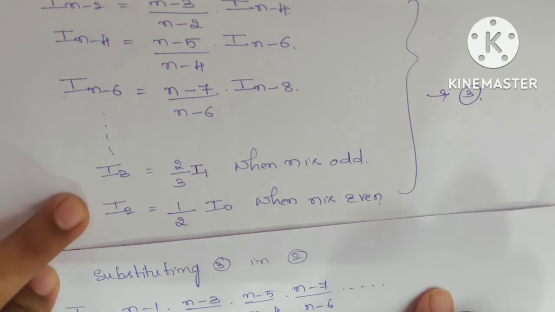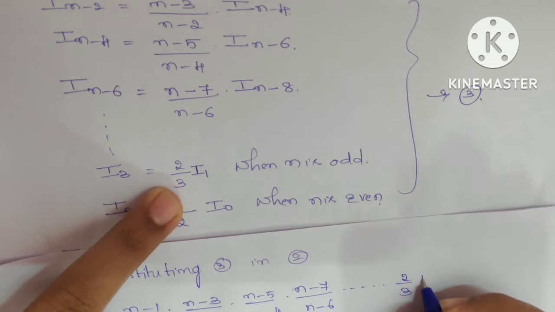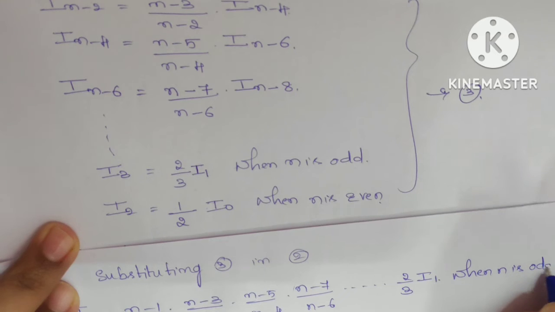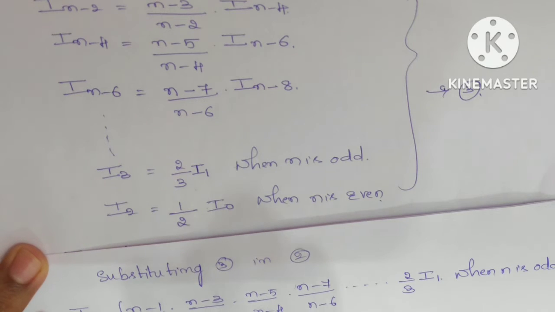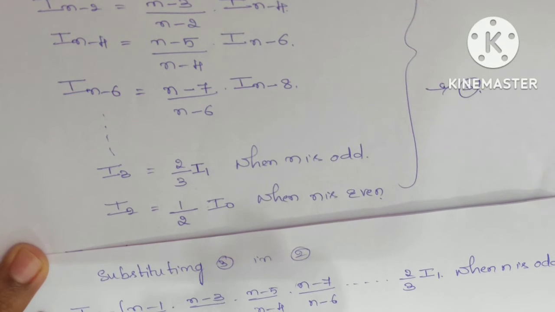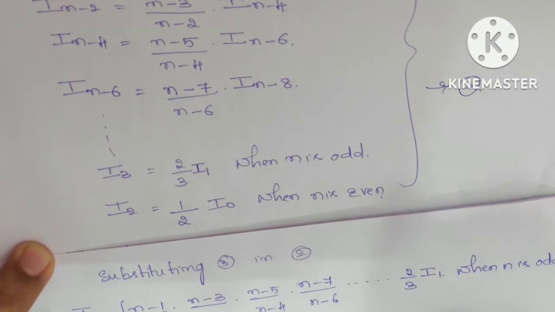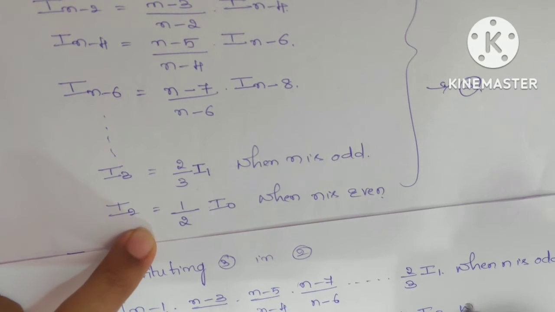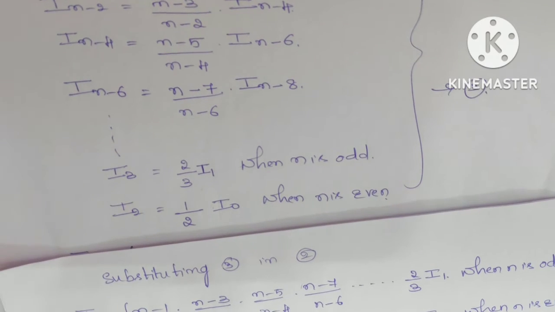Proceeding in this way, at last we get 2 by 3 I1 when n is odd, and for even, (n-1)/n into (n-3)/(n-2) into (n-5)/(n-4), and so on. So it ends at I2. I2 is 1 by 2 I0 when n is even. Now we have to find I1 and I0 here.